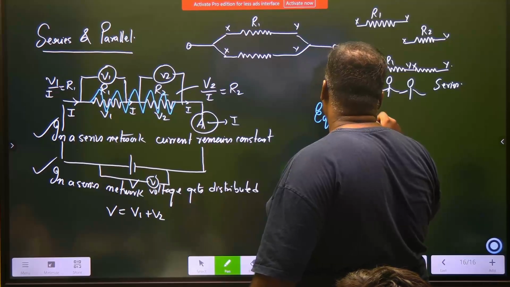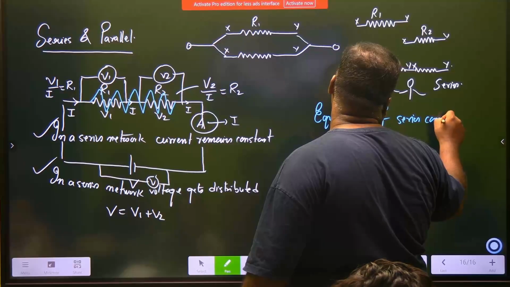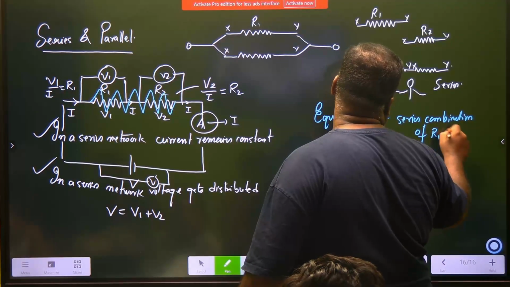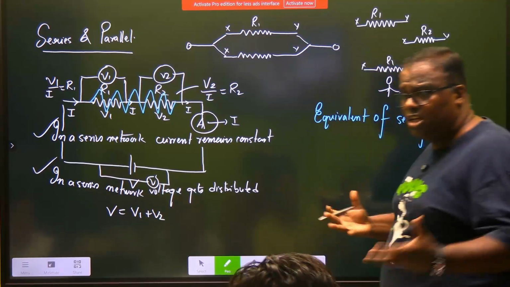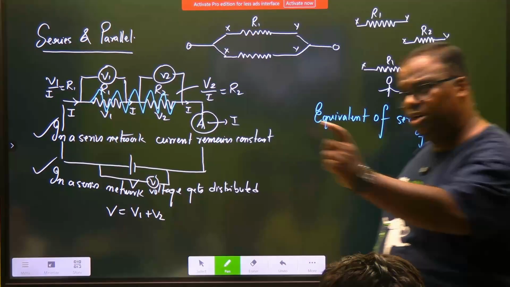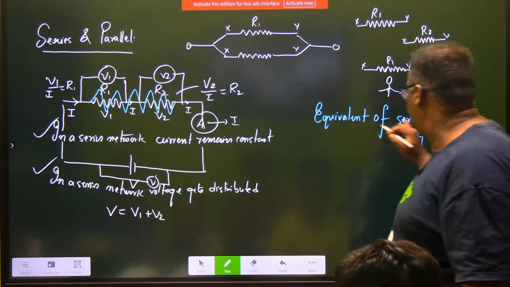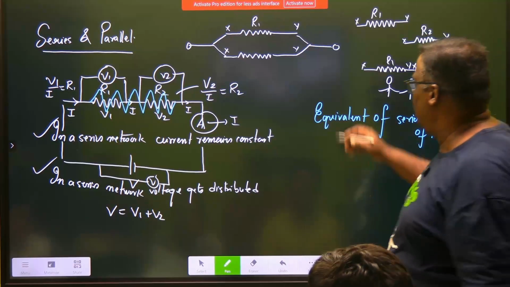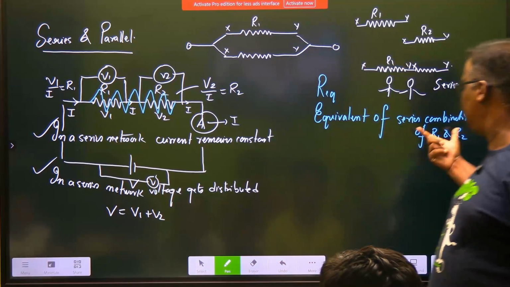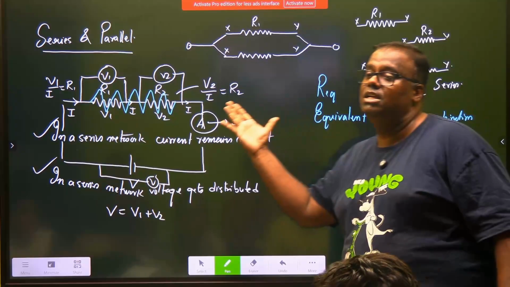You are asking for the equivalent of the series combination of R1 and R2. My circuit board does not have place for putting 2 resistors. I can accommodate only 1 resistor. So I am looking for some R equivalent, which is the same as putting these 2 in series. Our next job will be to mathematically find this value.